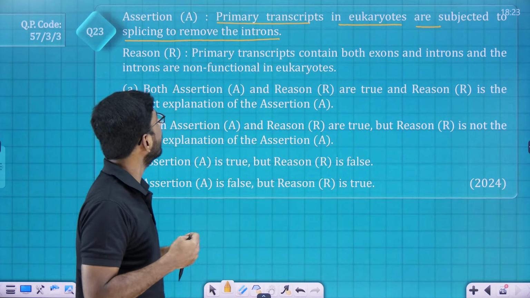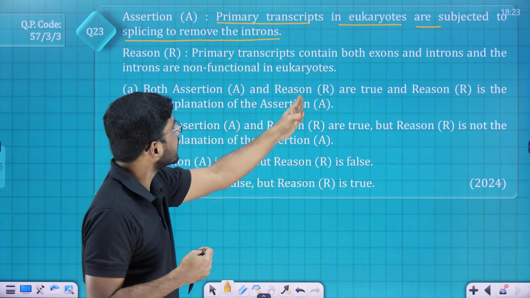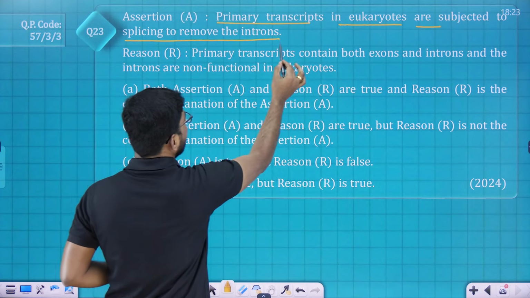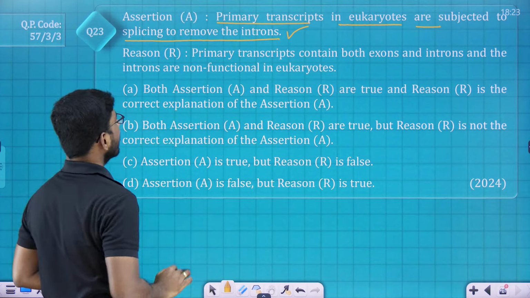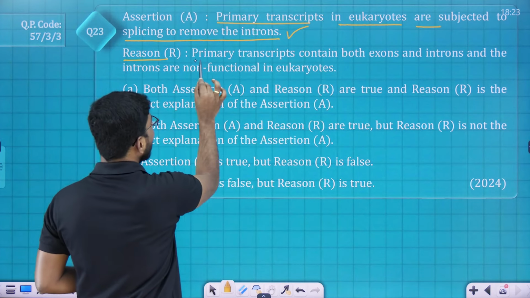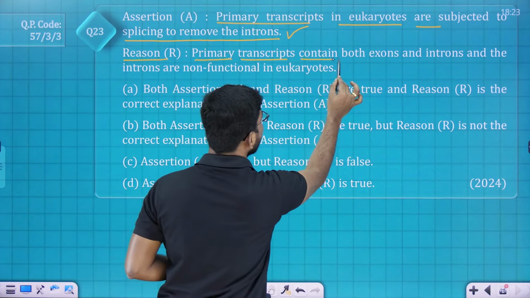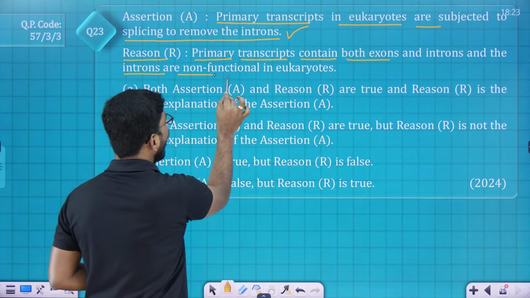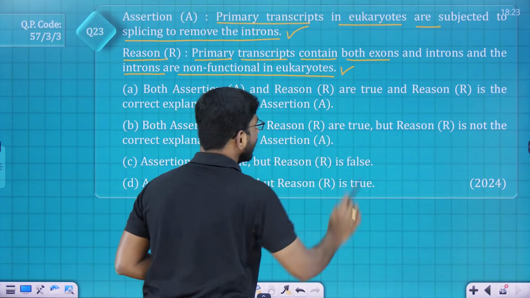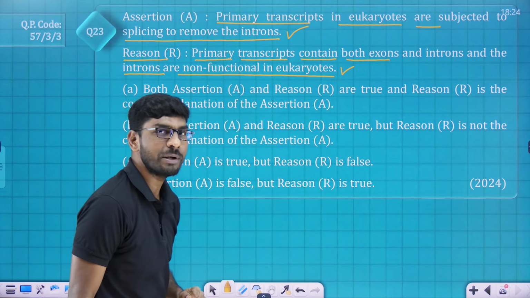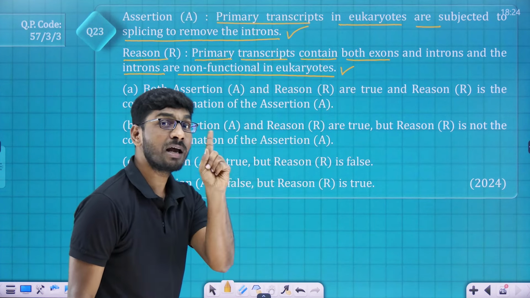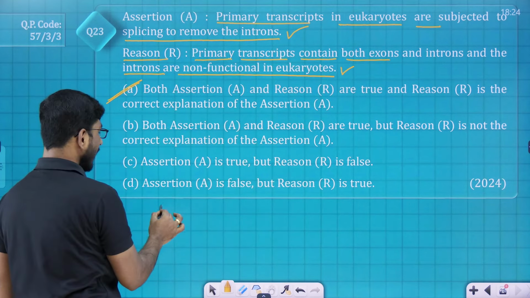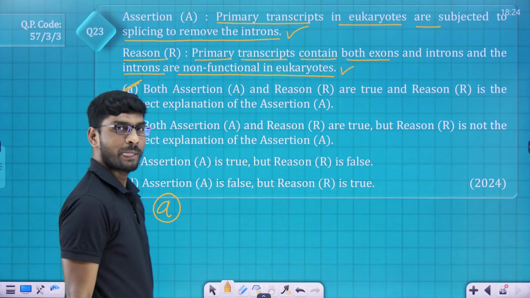Primary transcripts in eukaryotes are subjected to splicing to remove the introns. Statement correct. Reason: primary transcript contains both exons and introns, and the introns are non-functional. Yes, absolutely. So both statements are correct, and it is a correct explanation. I'm going with option A.